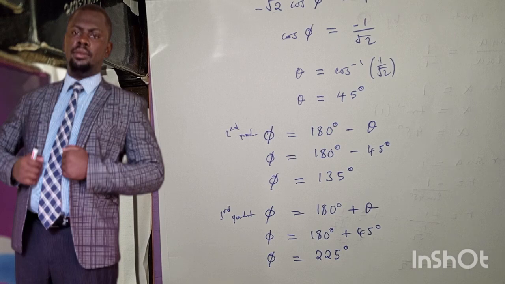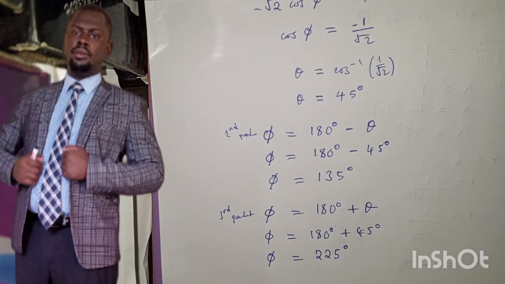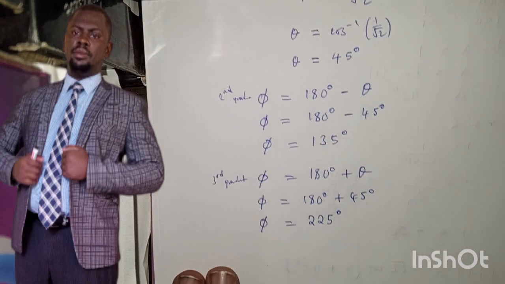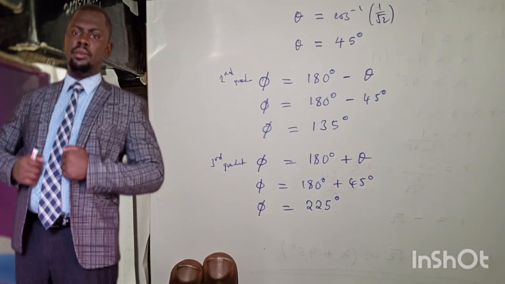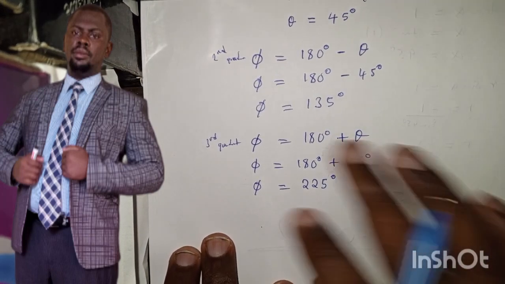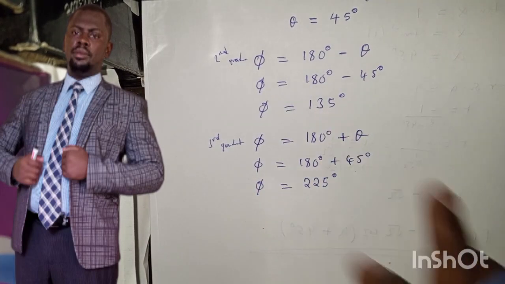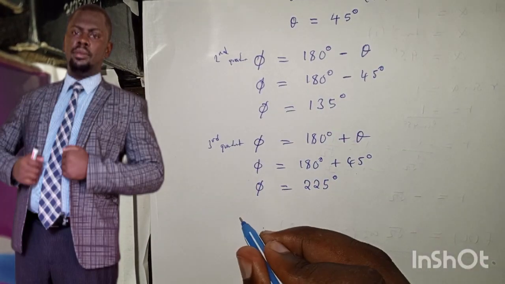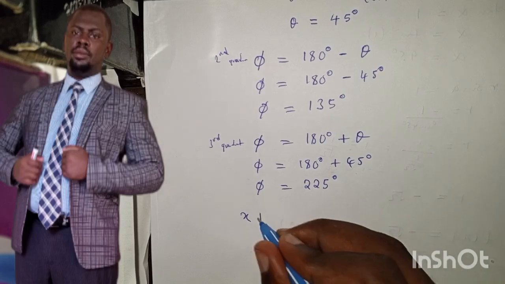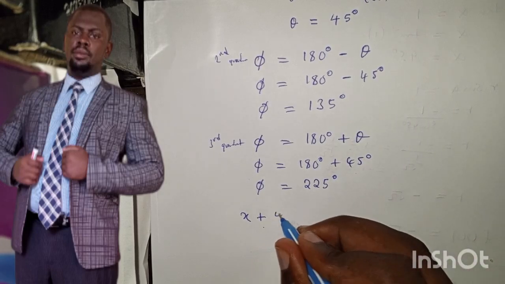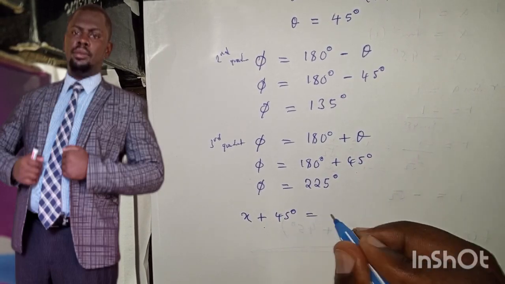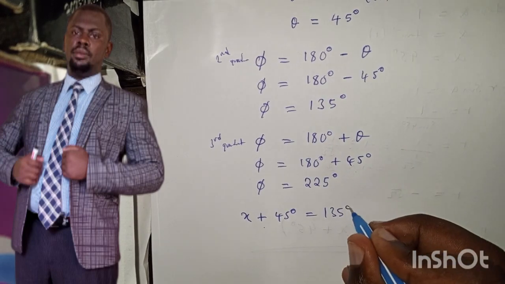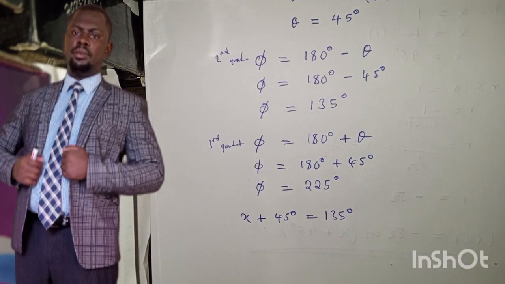Remember that we let phi be x plus 45 degrees. So where there is phi, it is x plus 45 degrees. For the first one we have 135. So you say x plus 45 degrees is equal to 135 degrees. Then you solve for x.